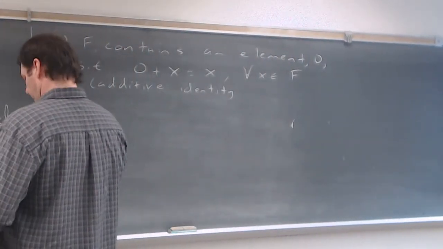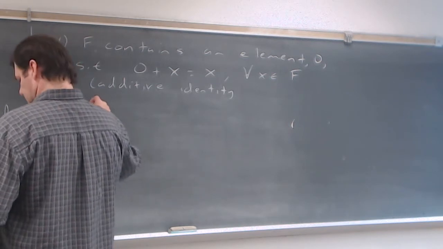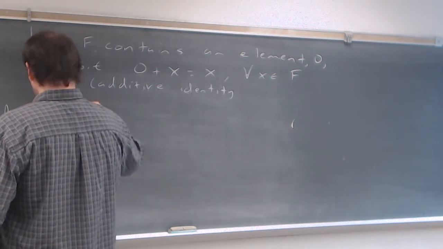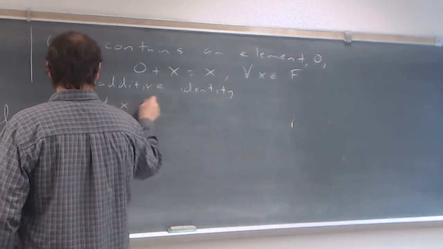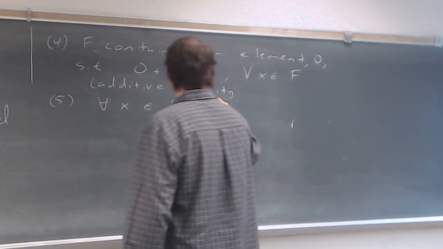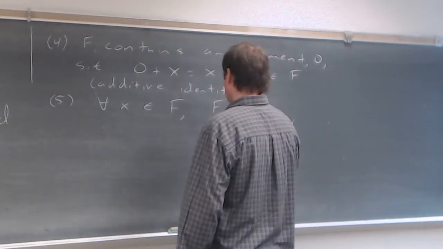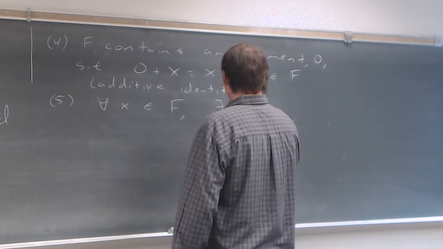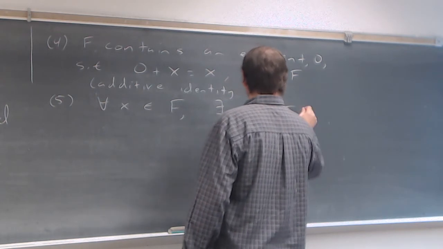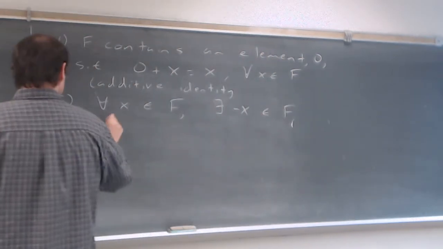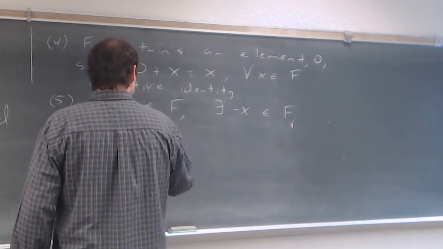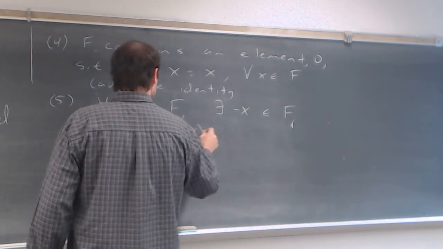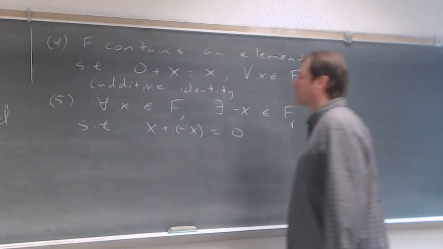Fifthly, for all x in F, there exists a minus x element of F, such that x plus minus x equals 0.